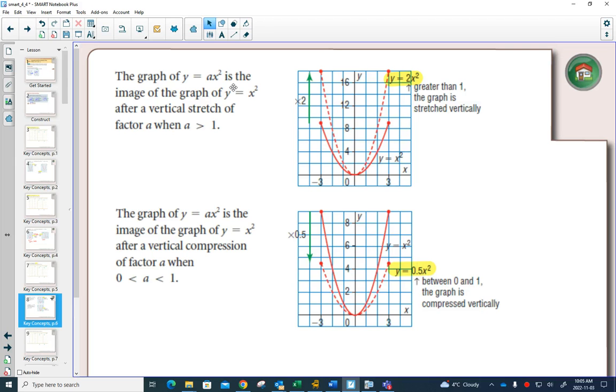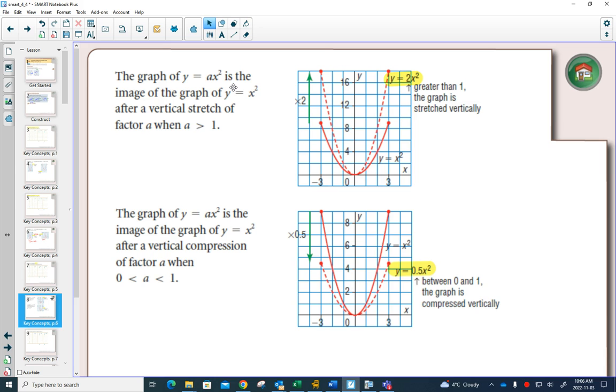Like, you don't say, the road up ahead is really stretched vertically. No, it's narrow. So we want to use language that makes it easier in one sense, but it sort of holds us back later on. So I'll try to do both, okay?